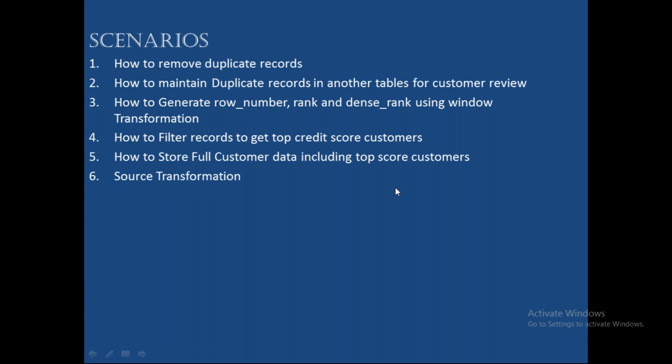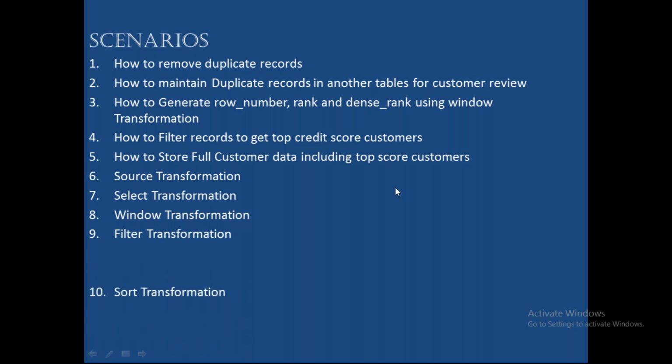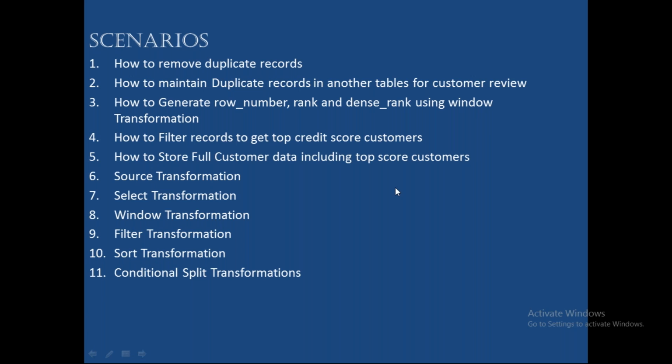Next, source transformation. What all things we will use today? Source transformation, select transformation, window transformation, filter transformation, sort transformation, conditional split transformation, and sink transformation. Okay, these are the transformations that we are going to use in today's session. Each transformation we can use for multiple purposes, right?